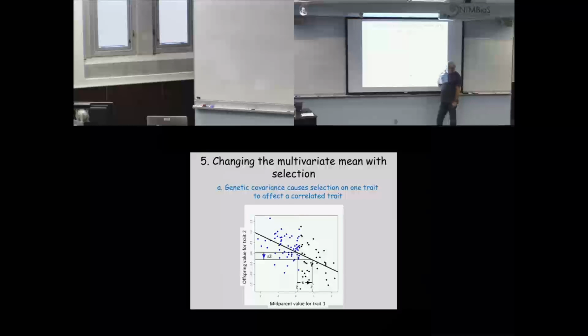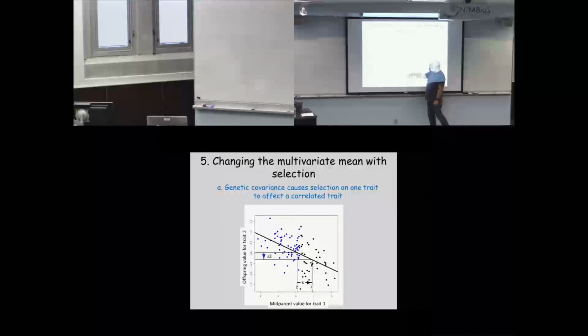So now we're just going to apply the same argument as before. If we had truncation selection on trait 1 and take the mean value for that set of selected parents, the difference between all potential parents and the selected parents is now S, the selection differential.